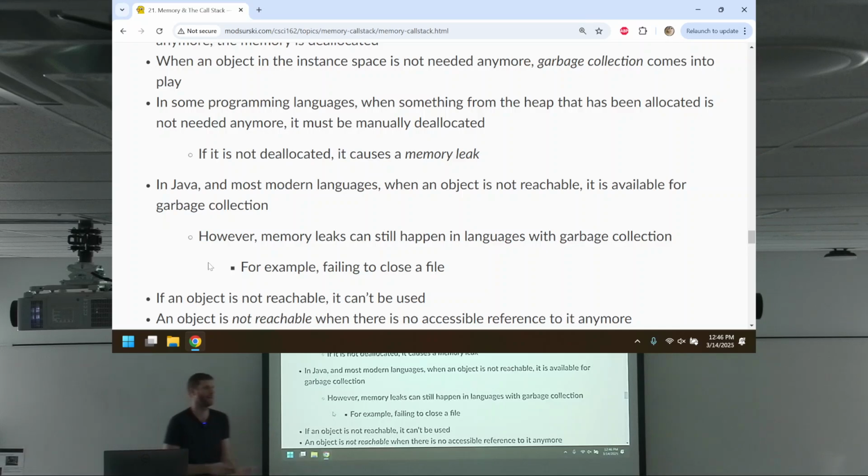And if that happens, Java will mark that chunk of RAM. It doesn't go through and clear it out, but it marks it as rewritable. So if you need it, you can overwrite whatever's in there. But as far as I'm concerned, it's just garbage.